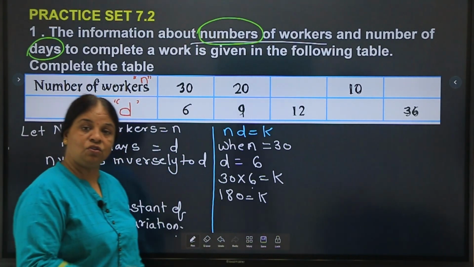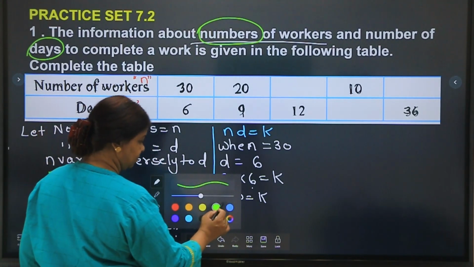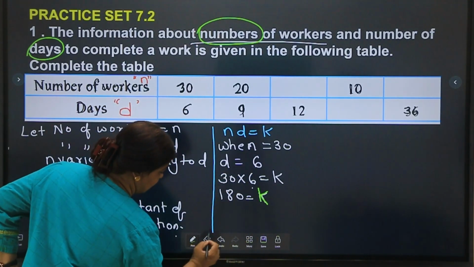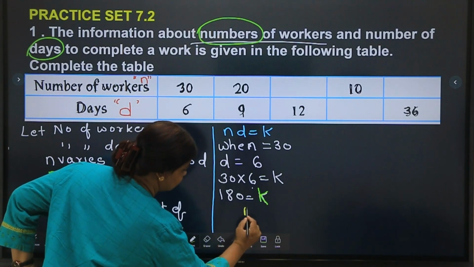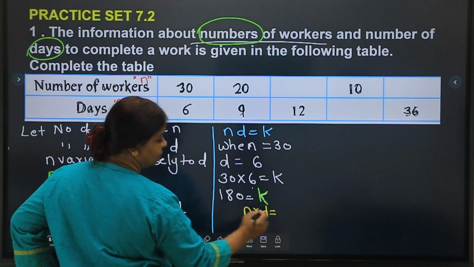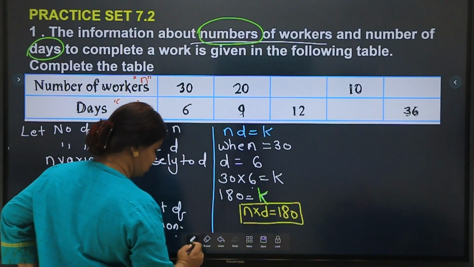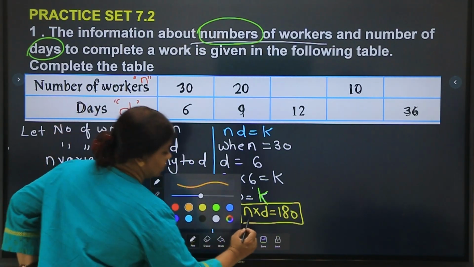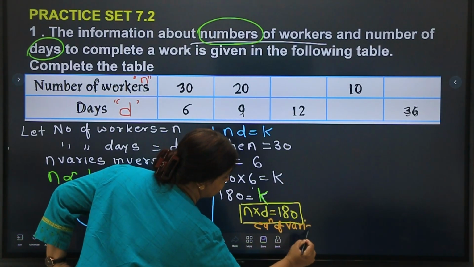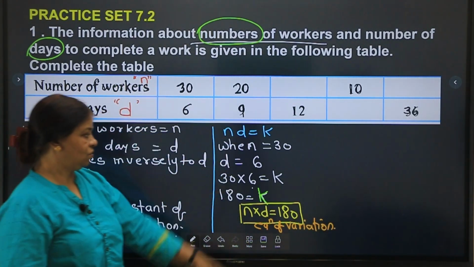Immediately once we get the value of k, we must mention the equation of variation. So n into d is equal to k, which is 180, and this is your equation of variation. Once we got the equation of variation, we can find all the values.